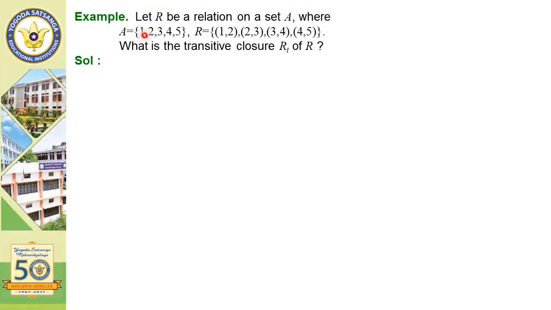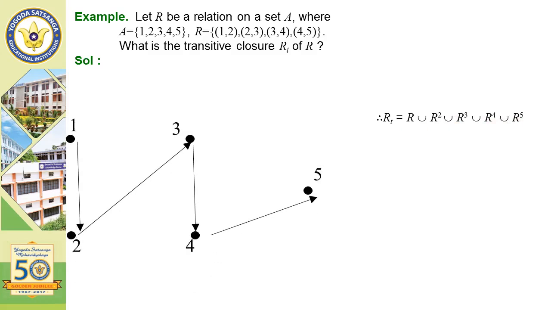In an example, let R be a relation where A is {1,2,3,4,5}. R contains the elements (1,2), (2,3), (3,4), (4,5). Then the transitive closure will be the set RT, which is equal to R union R square, R cube, R to the power 4, R to the power 5. There are 5 elements, 5 nodes, and the edges that are given in the relation.